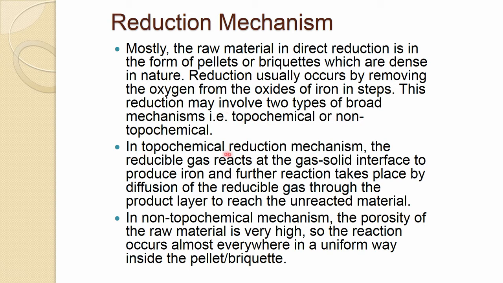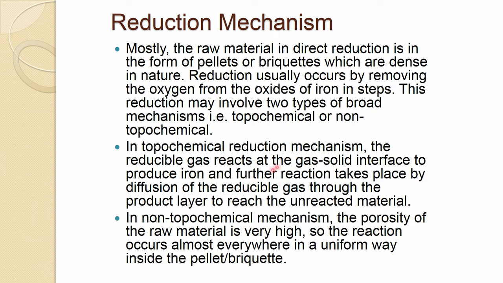So, in the topochemical reduction mechanism, the reducible gas reacts at the gas-solid interface to produce iron, and further reaction takes place by diffusion of the reducible gas through the product layer to reach the unreacted material.